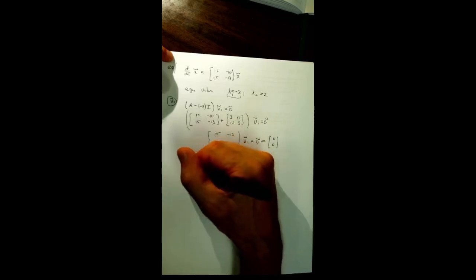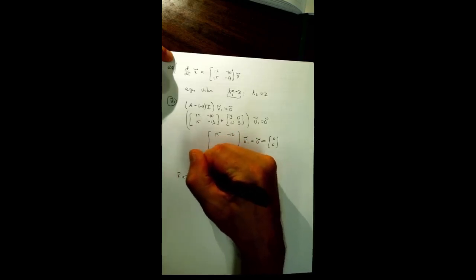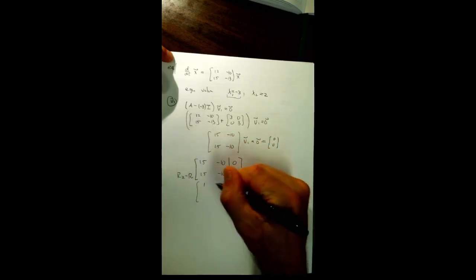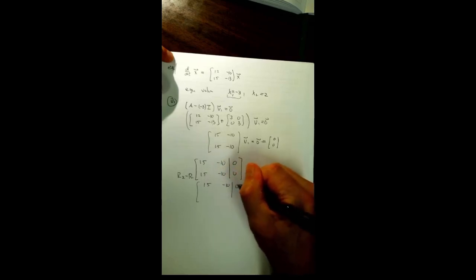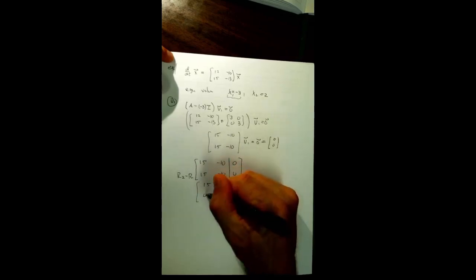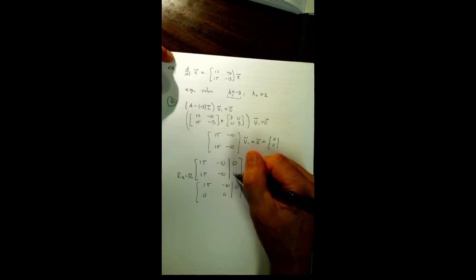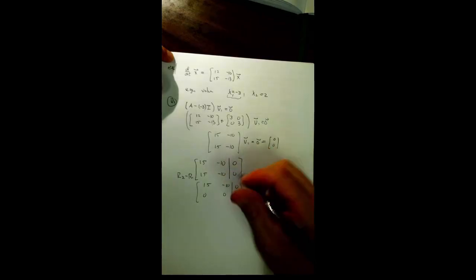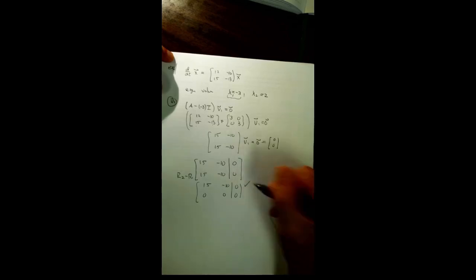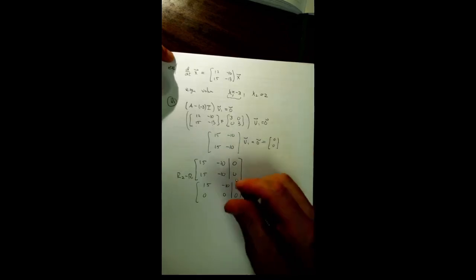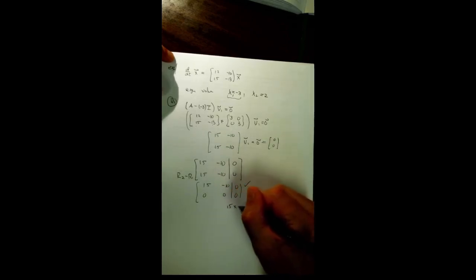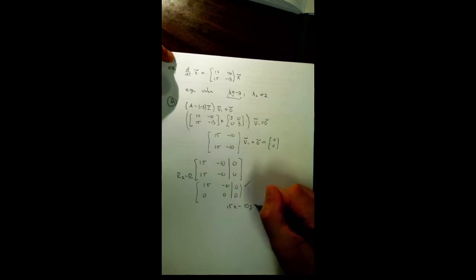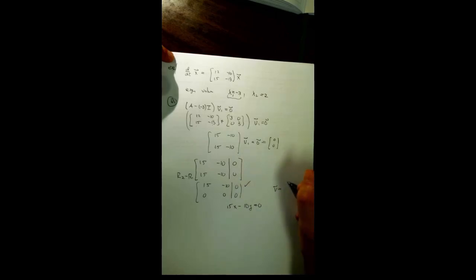And now I immediately see that if I take row 2 and subtract row 1, leaving the top row alone, I get 15 minus 15 is 0, minus 10 plus 10 is 0, 0 minus 0 is 0. So I'm going to have infinite solutions, which I expect. If that does not happen, you did something very wrong. And I have 15x minus 10y is 0. So I'm assuming my v1 is in this form.